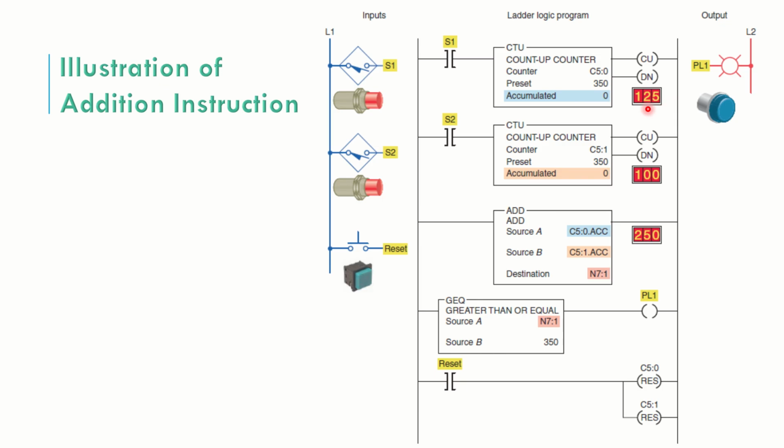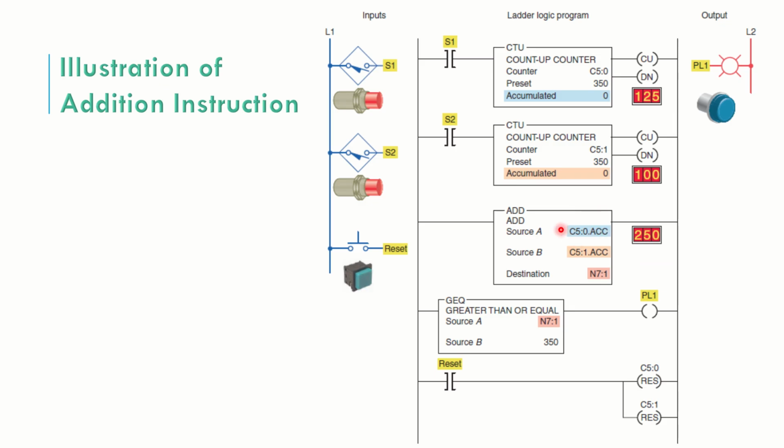Now you can see this accumulated value is getting stored in this particular address, which is the address of the accumulator. Here also the accumulated value is stored in the address of the accumulator. Now you can see in this addition instruction what we are actually doing. For source A, we have written C5:0.ACC.